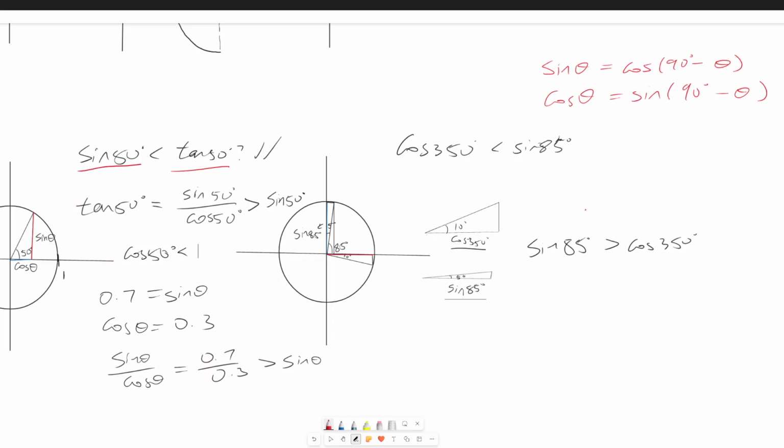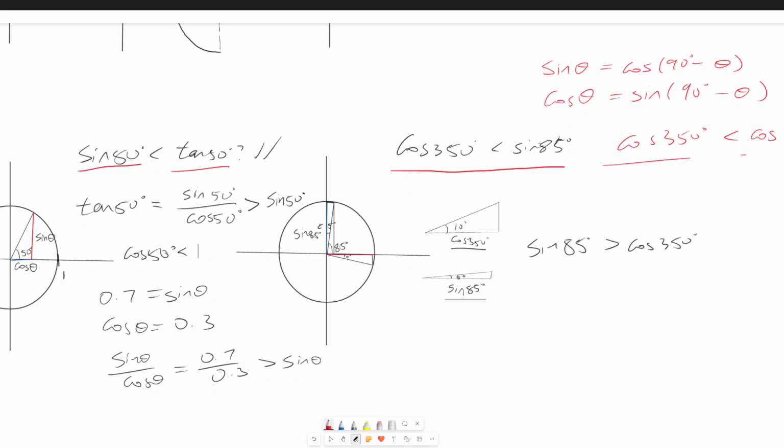So let's do this question with this method. We can rewrite everything in the same form. Let's rewrite sine 85, so that's going to be cos 350 degrees is less than cos of 5 degrees.